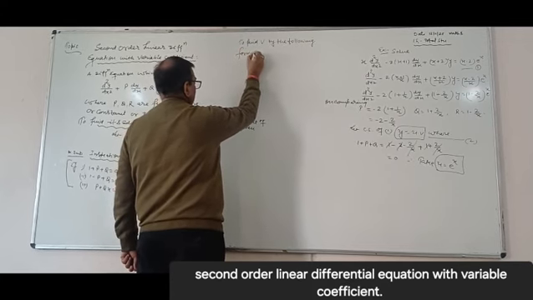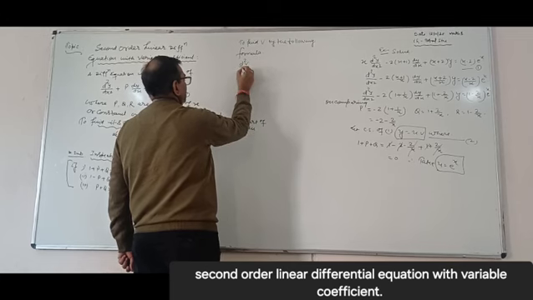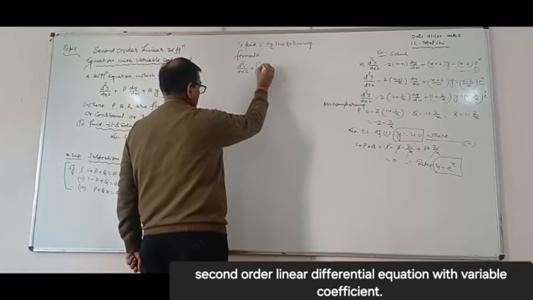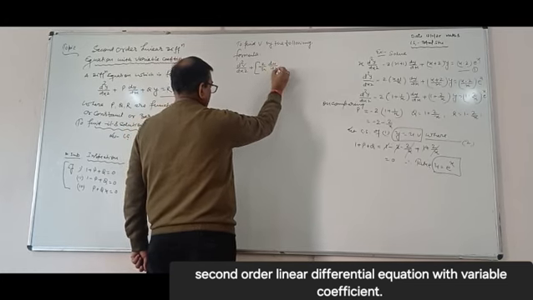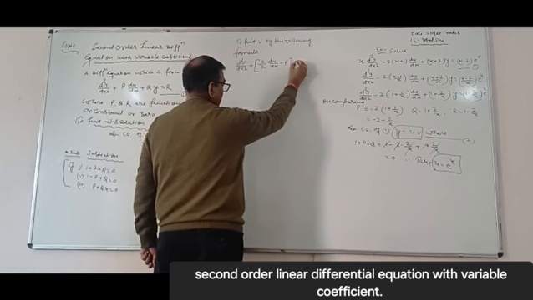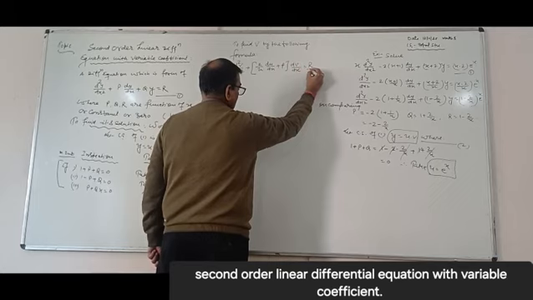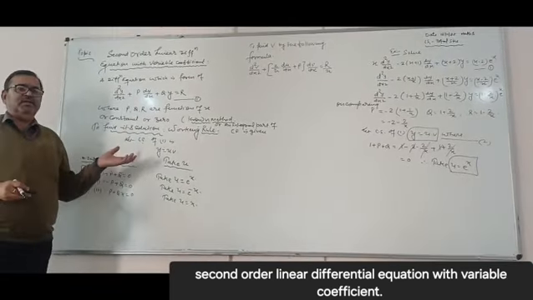by the following formula: d²v/dx² + (2/u)(du/dx) + p(dv/dx) = r/u. In this working method, there are two steps.